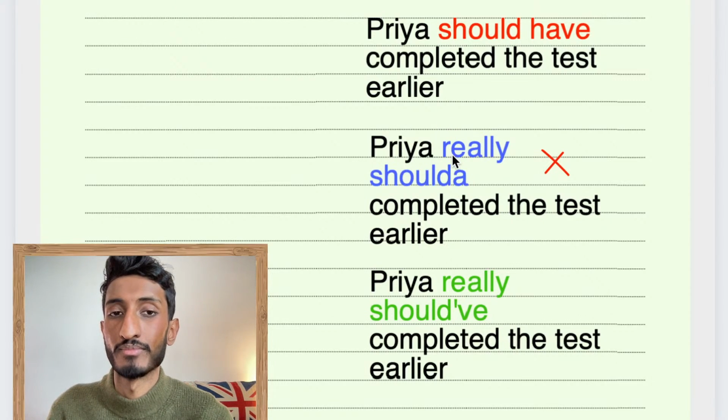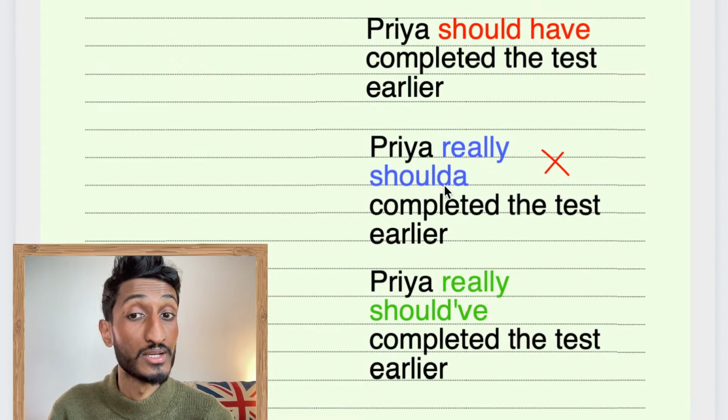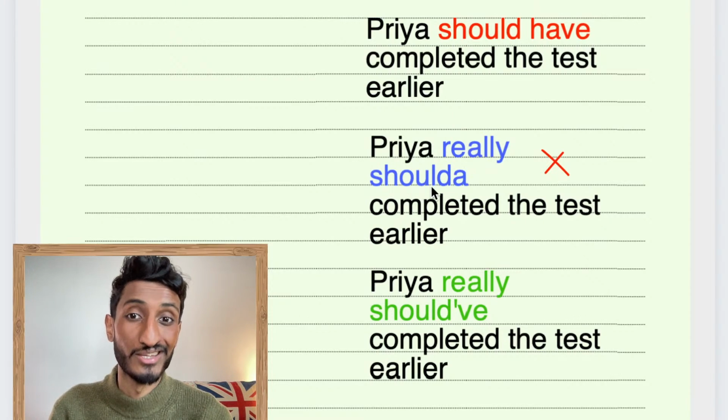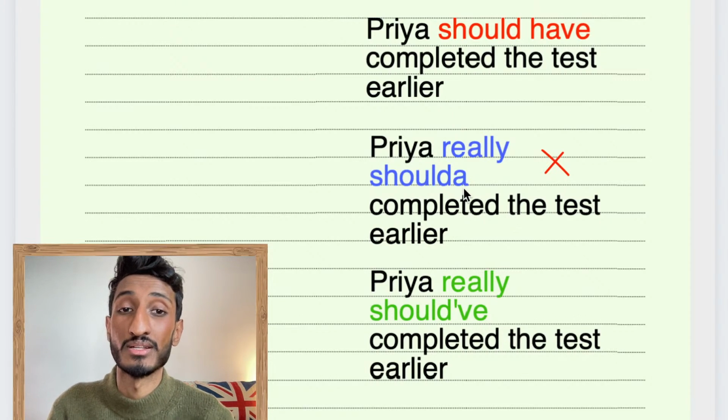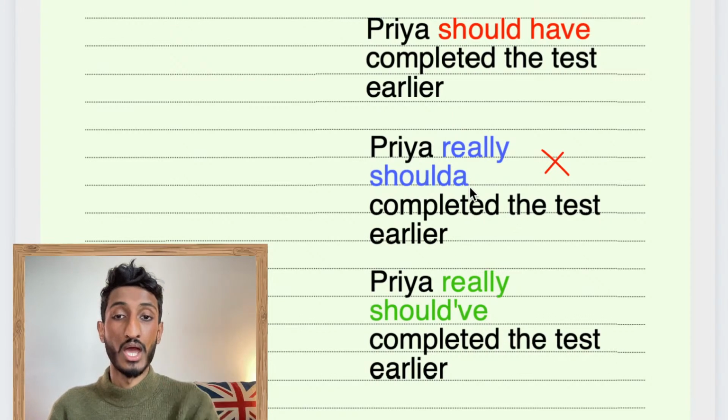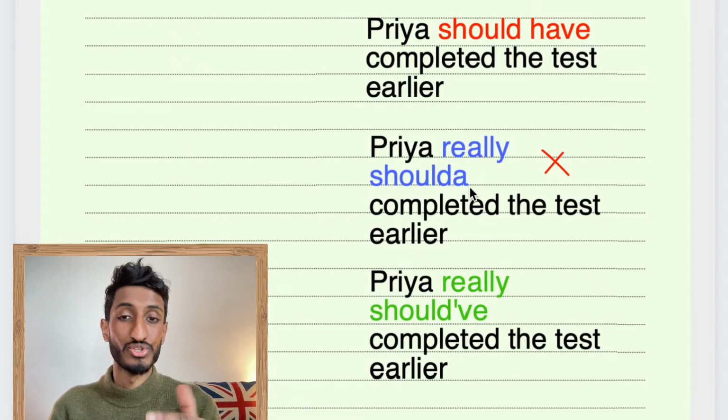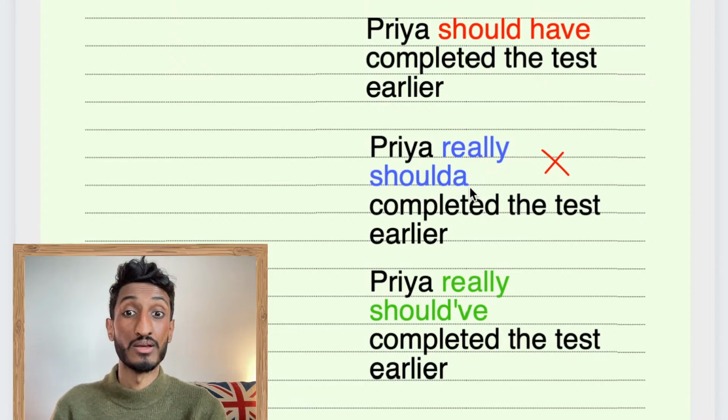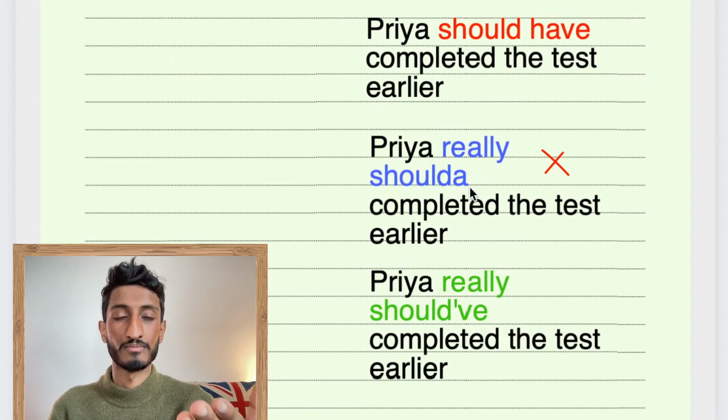Let's try this one. Really shoulda, really shoulda. Priya really should have completed the test earlier. Shoulda. Let's try that. Really shoulda. And then let's do this one. Should have.